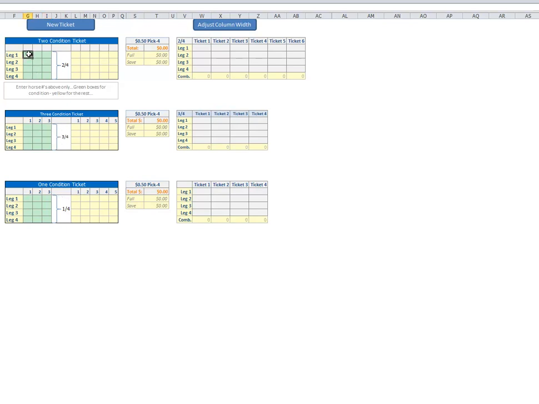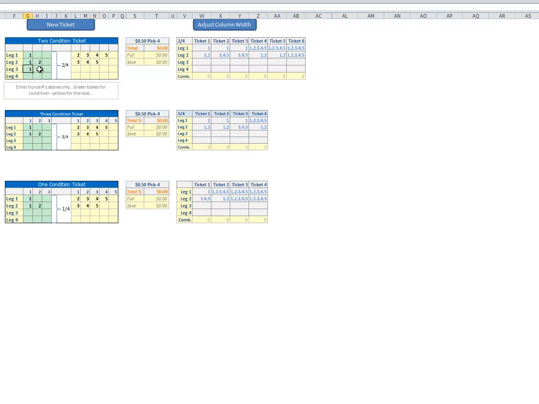Let's say that in race number 1 we love the number 1 horse, but we feel that horses 2, 3, 4, and 5 have a chance of winning the race. In leg 2 of the Pick-4 sequence, I like the 1 and 2 horses equally, but feel that horses 3, 4, and 5 have a chance of winning the race.